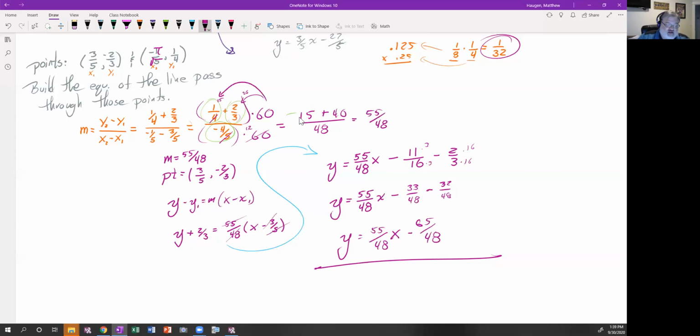It's not going to change any of our mechanics. It's just going to make some of the calculations a little bit more irritating, but it's not going to have any effect on what we actually do. It'll look horrible.